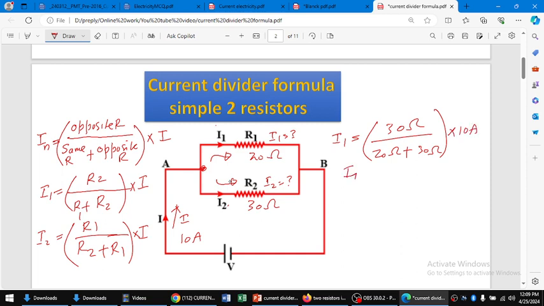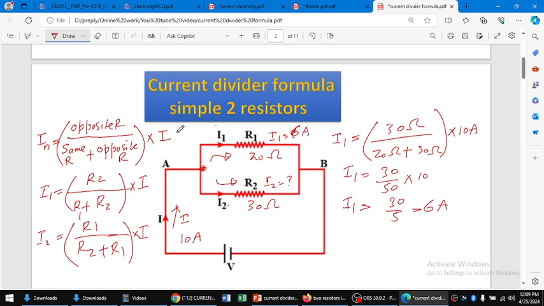Now we solve for I1, that is 30 over 50 multiplied by 10, so I1 is equal to 30 over 5, that is 6 ampere. So I1 is 6 ampere.